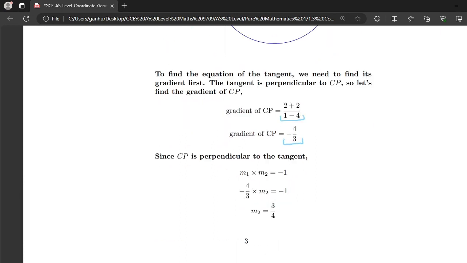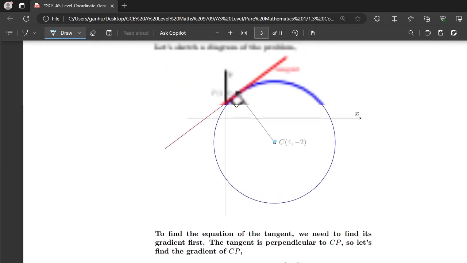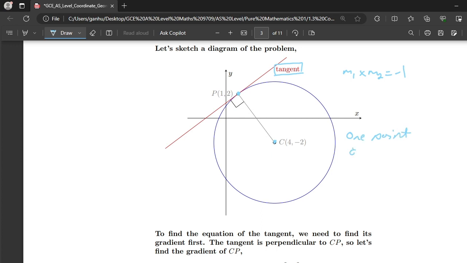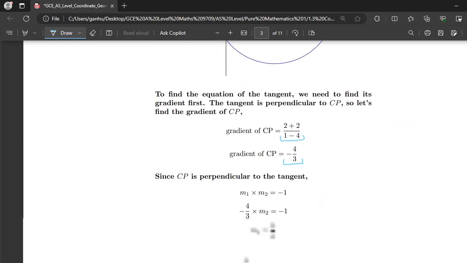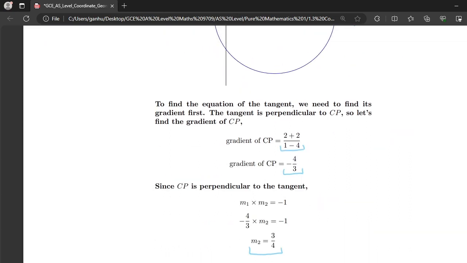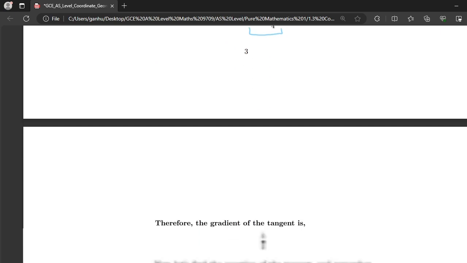And if we use m1 times m2 = -1, then the gradient of the tangent is 3/4. Notice that the tangent passes through the point P. So now we have one point, which is P, as well as the gradient m, which in this case is 3/4. So we can now find the equation of the tangent.